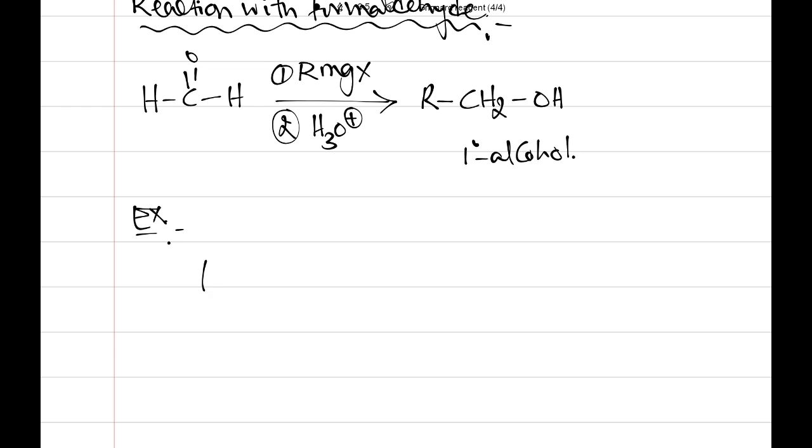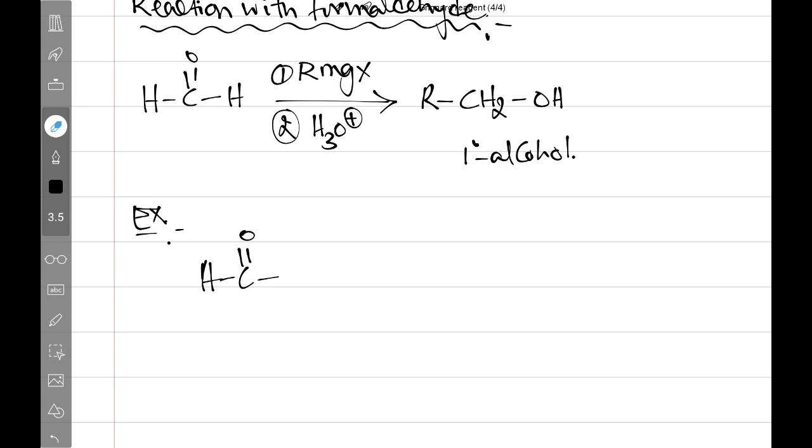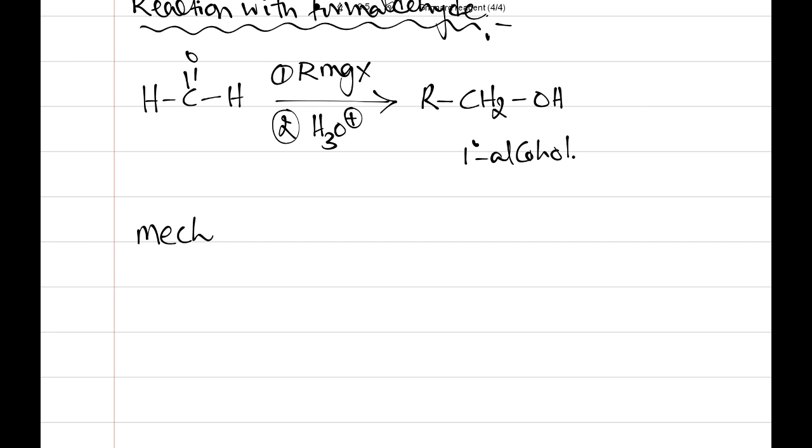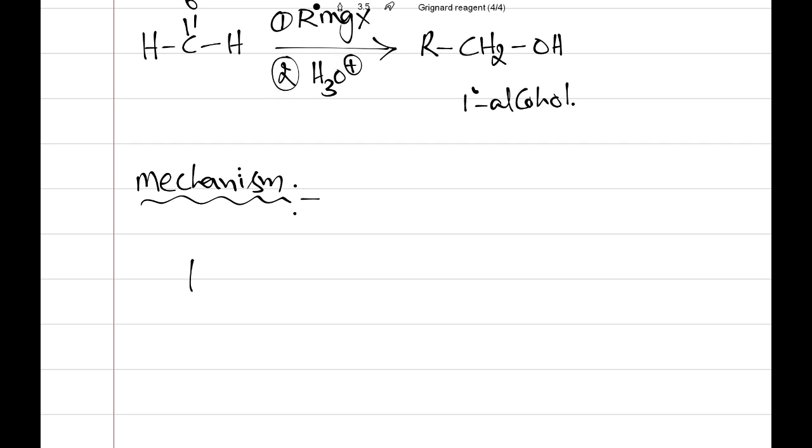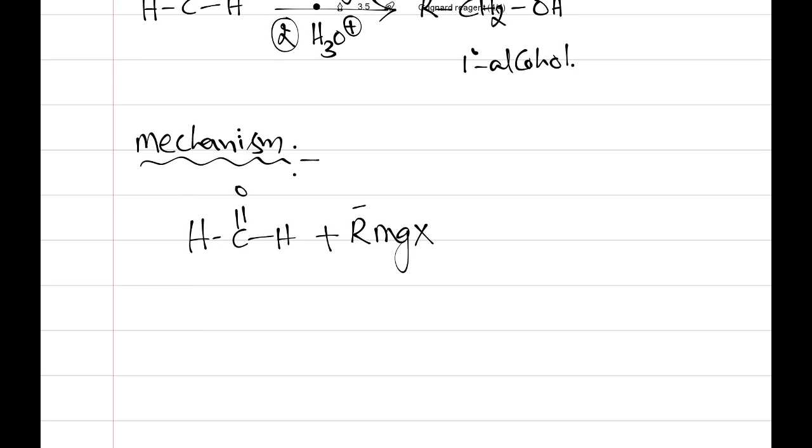I am taking formaldehyde. Before going to examples, we want to discuss this mechanism. Look at this mechanism. HC double bond O, when this reacts with RMgX, we know that here R has nucleophilic character, so the nucleophile always attaches to the electrophilic carbon.